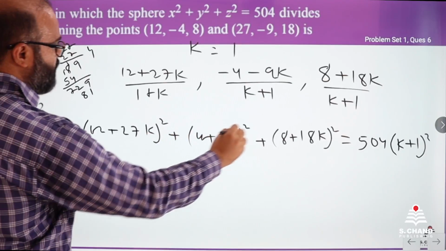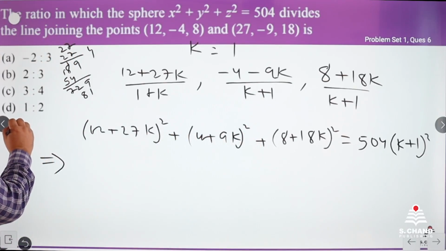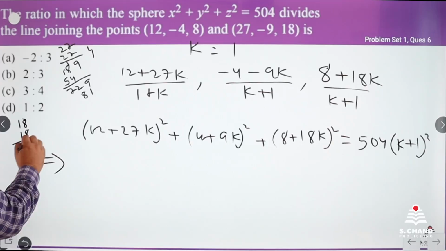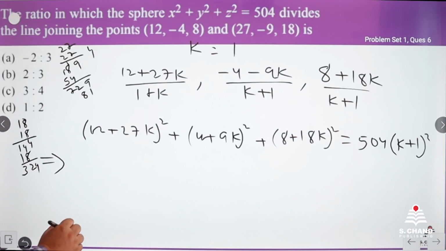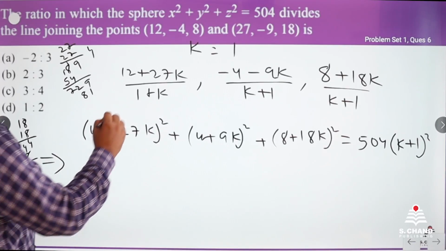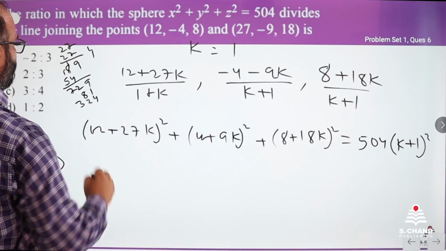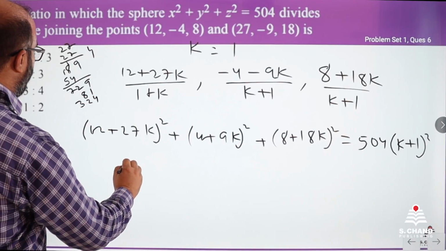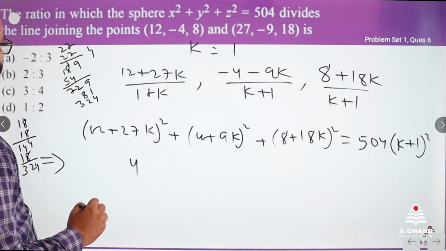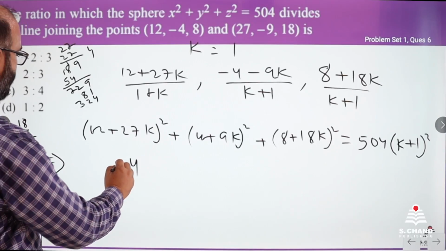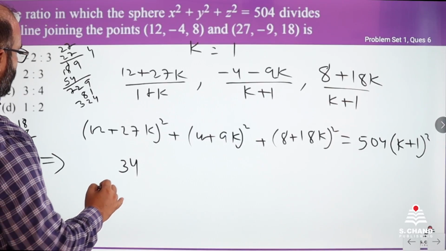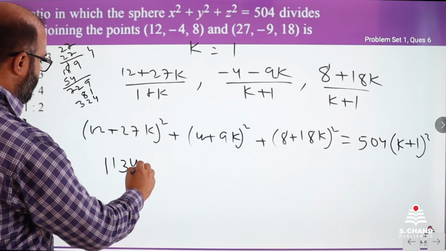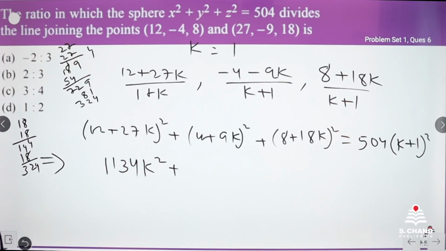And then we have 18 square k square, so 18 square is 324. We'll add 324 to it, so we get 1134 k square, plus 2AB.